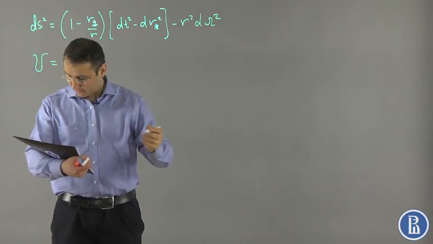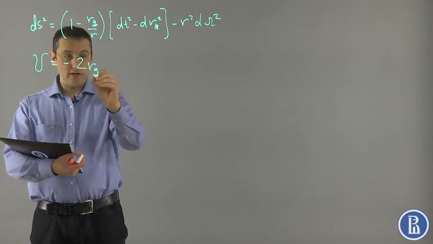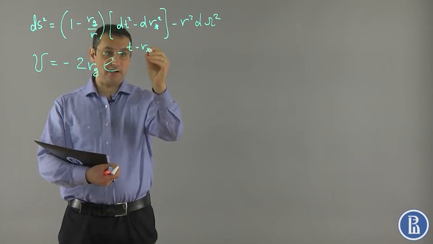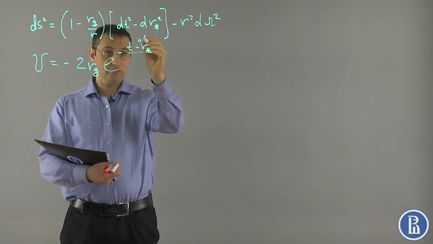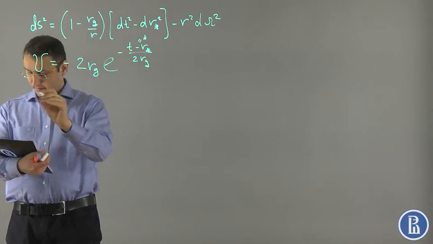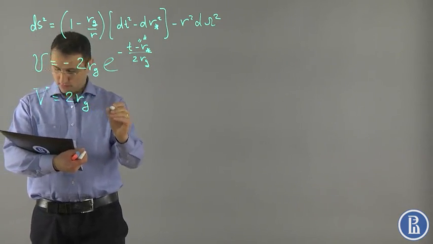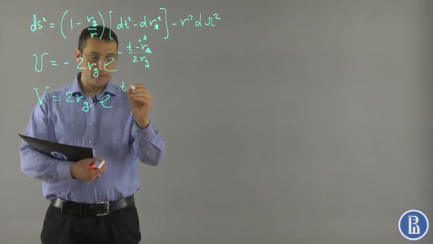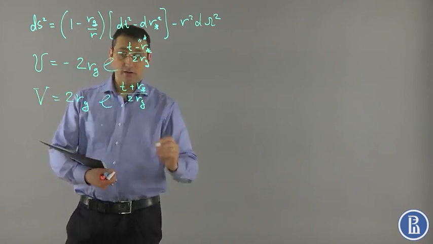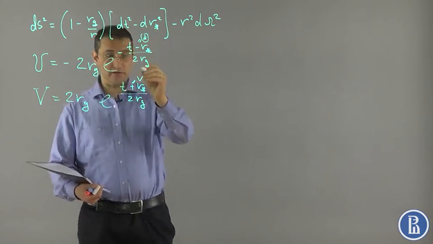So that's what we basically found: U equals minus 2rg exponent of minus t minus r star, divided by 2rg, and V equal to 2rg exponent of t plus r star divided by 2rg. Just to remind you, this is U, this is V.